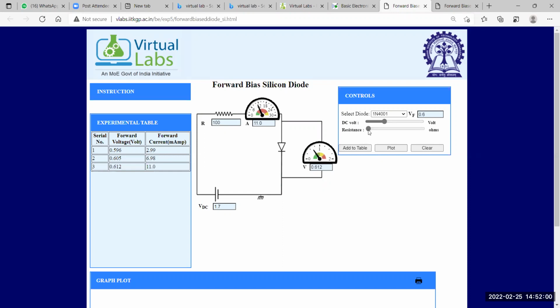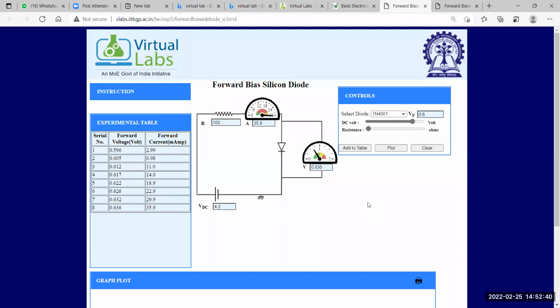And the first thing you must do is vary the DC volt, and you must keep the resistance constant. Okay, and this is the 4th point, and this is the 5th, 6th, this is 7, this is the 8.